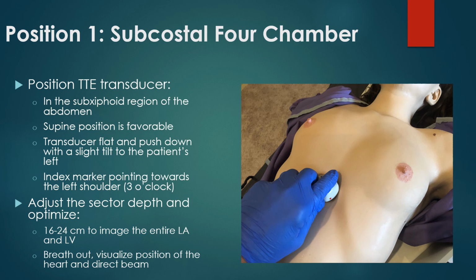You're going to adjust the sector depth to about 16 to 24 centimeters. If you think about it, it's about 5 inches up into the heart. If the patient's awake, you get them to breathe out, or breath hold if you've got the ventilator on, and you're going to visualize the position of the heart and direct the beam. It's a very nice view. It's my go-to view, especially if I'm in a hurry.